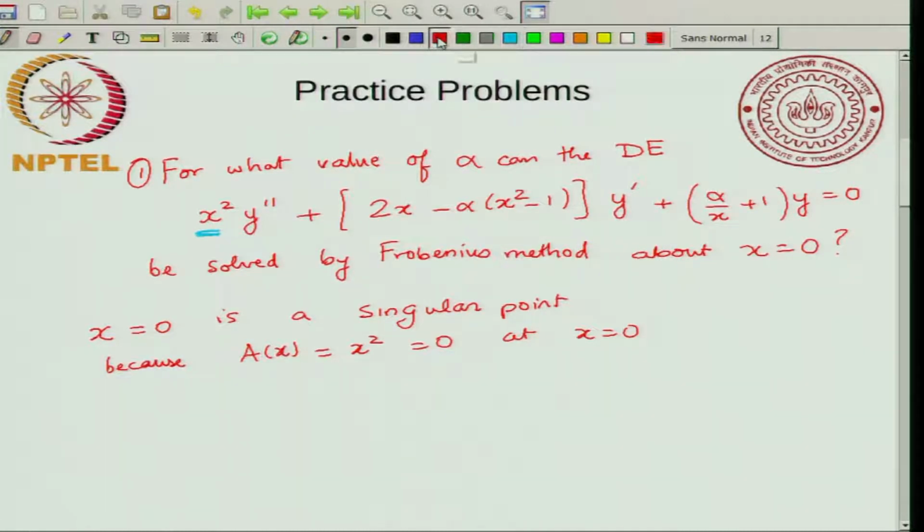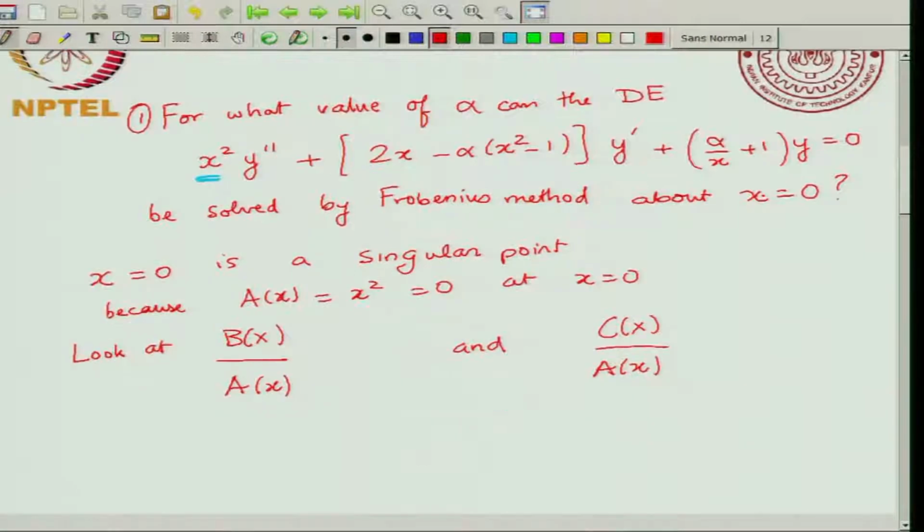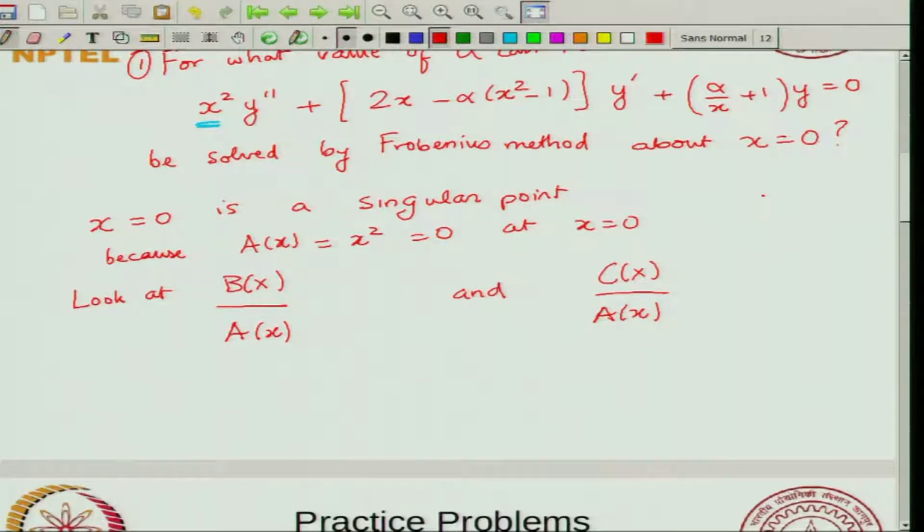So what should you do? You look at b of x divided by a of x and c of x divided by a of x. Here b of x is 2x minus alpha x square minus 1, c of x is alpha by x plus 1, and a of x is x square. We look at these two and then decide whether you can use the Frobenius method and what the condition on alpha should be.